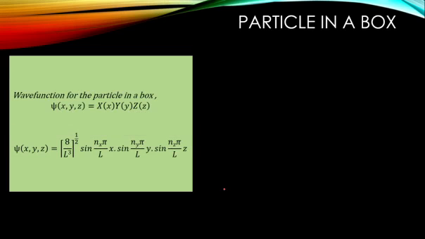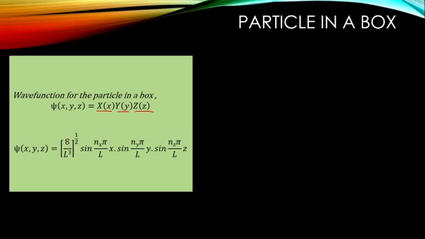So now you have the wave function written as a product of capital X, capital Y and capital Z. We can write it down for capital X, capital Y and capital Z individually, and finally from each term you have root of 2 by L. So root of 2 by L appears 3 times, so the cube is taken.